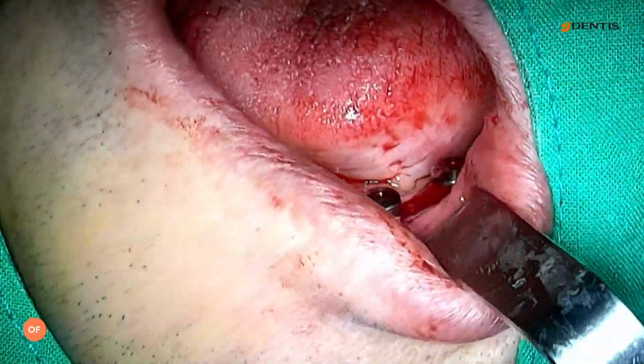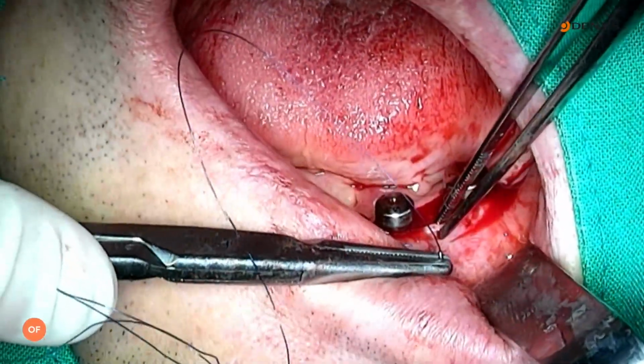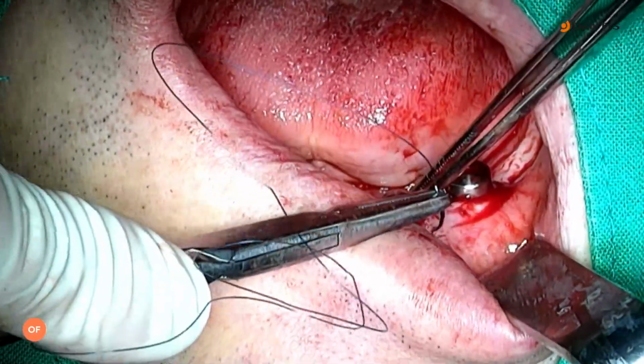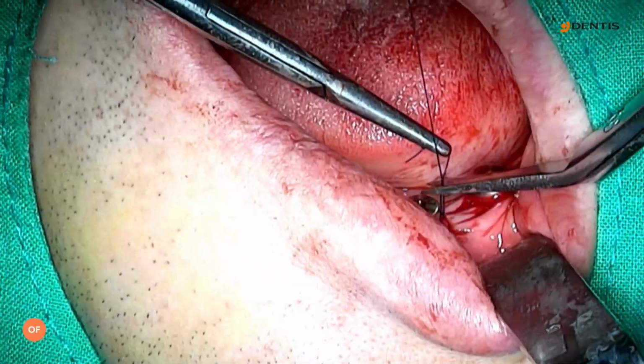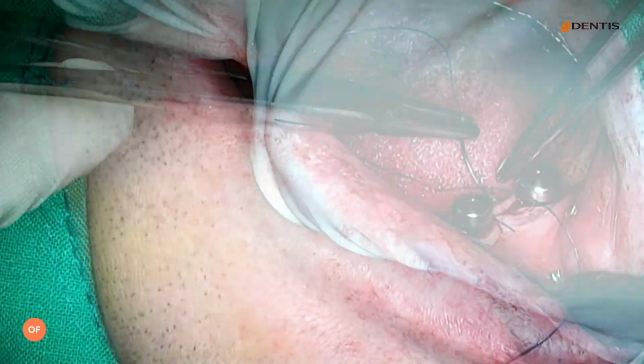For impression taking from the fixture level for immediate loading, please finish with the healing cap first. Okay, 2 sutures left.